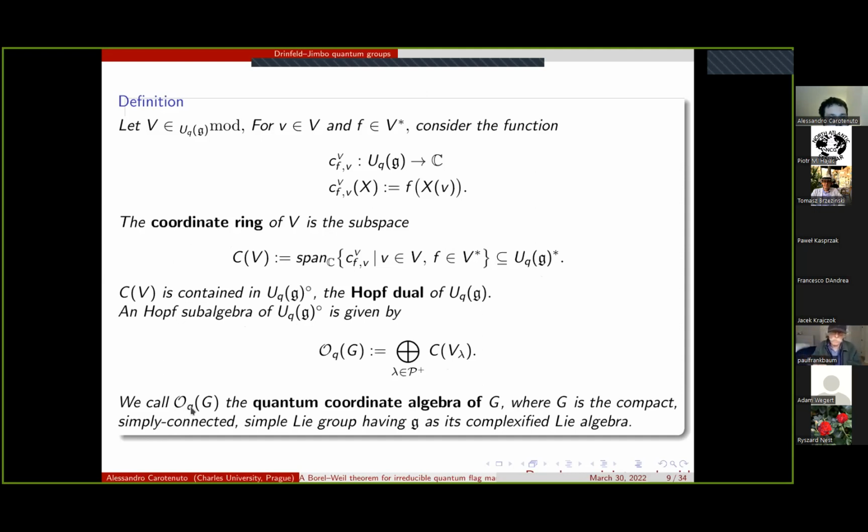We call this O_q(G), the quantum coordinate algebra of G, where G, as I said before, is the compact, simply connected group having g as its complexified Lie algebra.